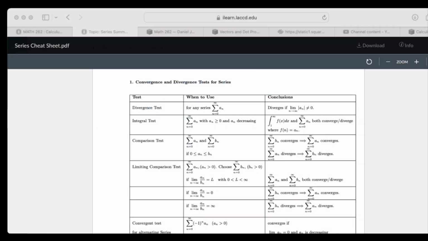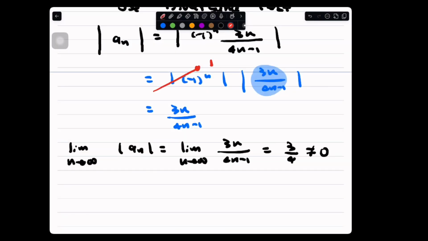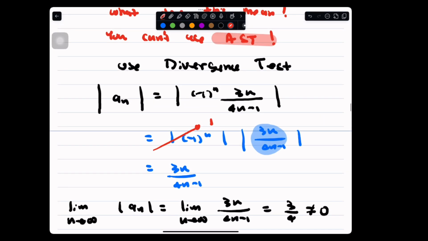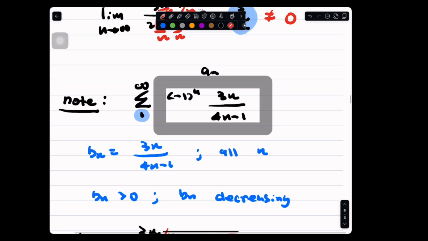The test for divergence. If the limit of the absolute value of AN is not 0, what do we say? That's divergence by the divergence test. See what I'm saying? It isn't so bad then if it didn't satisfy the criteria. So we can say this actually diverges, which means diverges by what test?